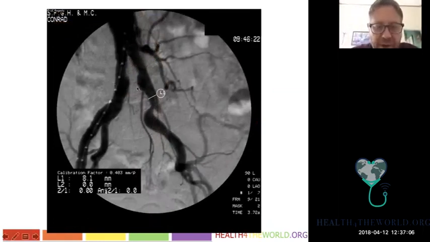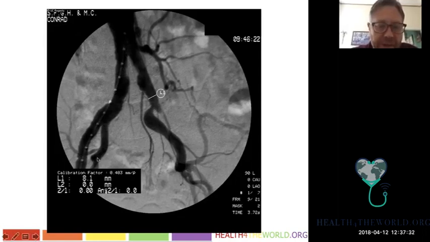So I did an angiogram and I see that here's a catheter. It's a pigtail catheter with markings on it so that each one of these is 1 centimeter. So we use that when we're thinking about sizing an artery for a stent or a balloon. And we have, this is the common iliac artery. This is the external iliac artery.